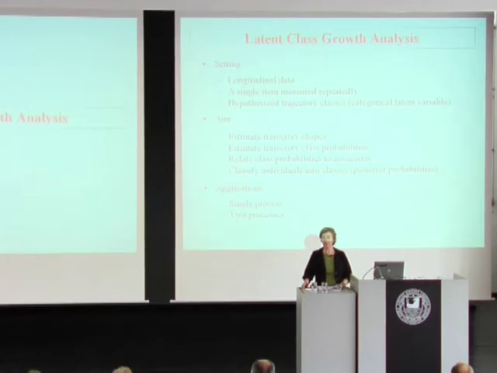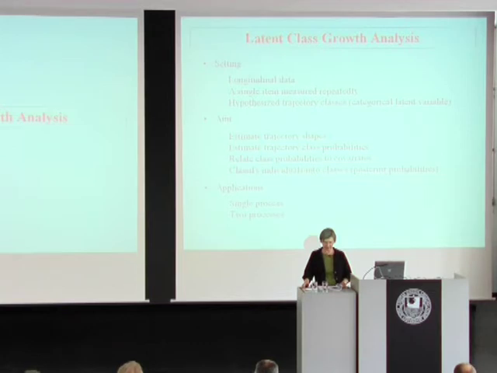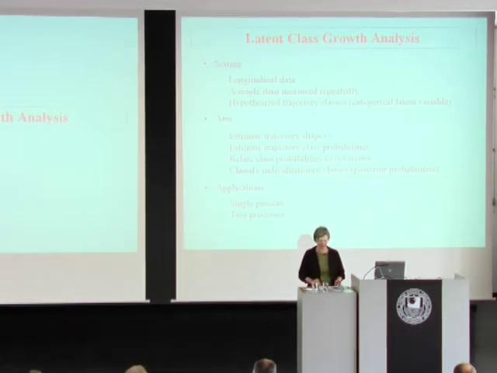Once we've determined the classes, we want to understand class membership, just like in latent class analysis yesterday. We want to understand what covariates explain the different growth trajectories. And we want to classify individuals. LCGA can have one growth process or many growth processes. It's not limited to a single process.